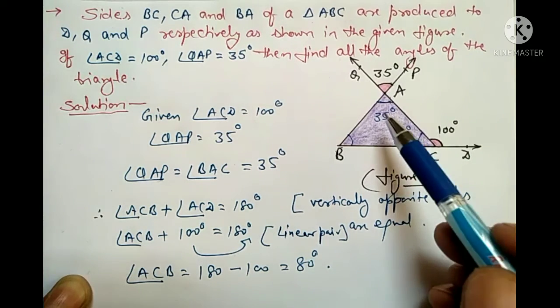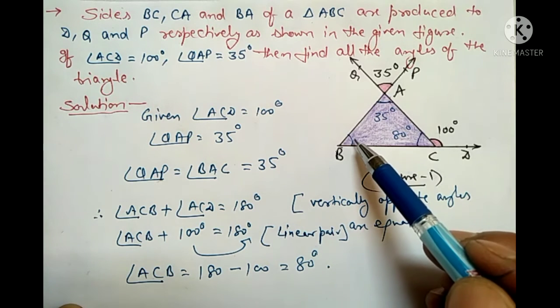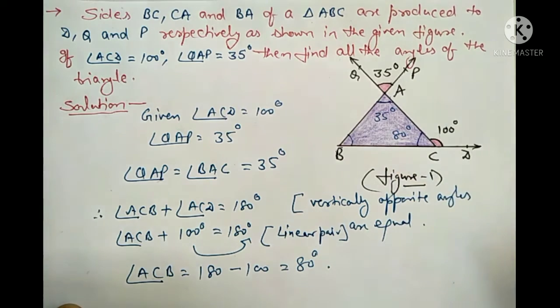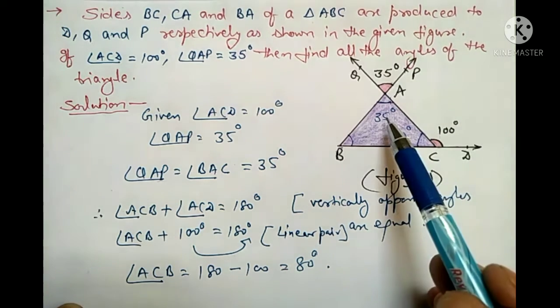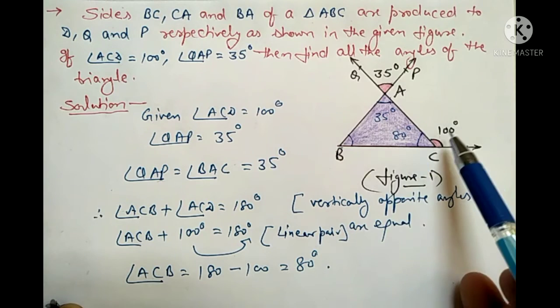Now we have to calculate the value of angle B. For calculating the value of B, we apply the angle sum property, because here two angles are known, and the sum of the angles equals 180 degrees.